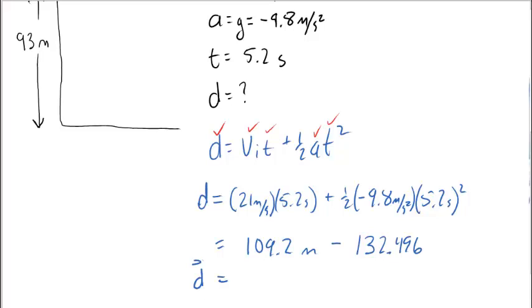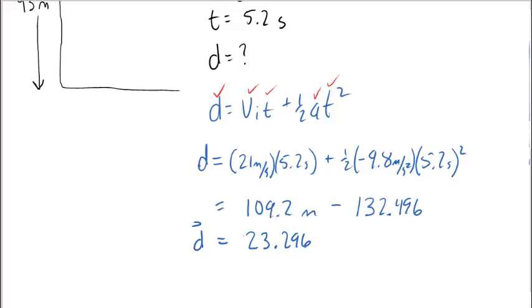So my displacement will be 23.296 meters. Negative. So that is the downward direction.